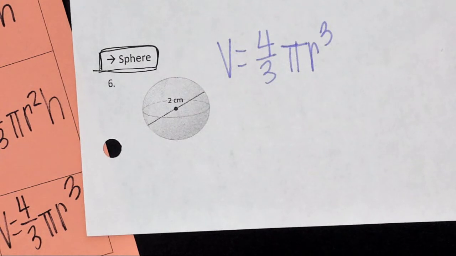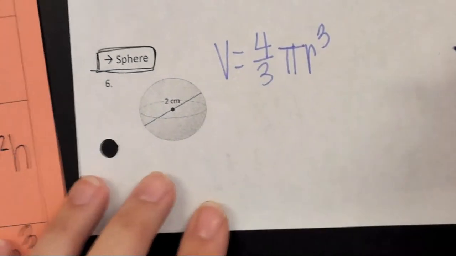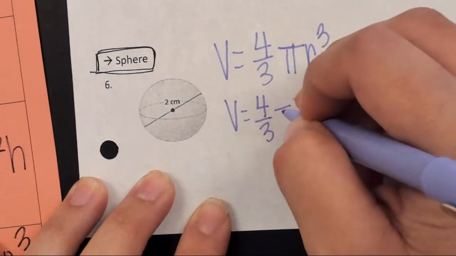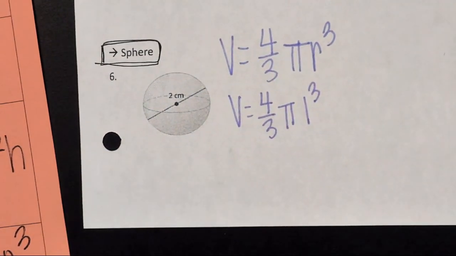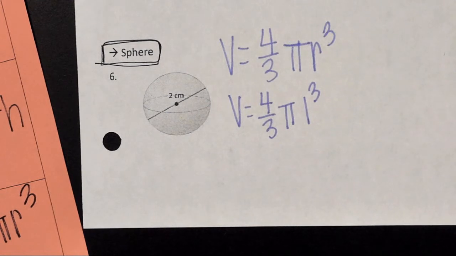Well, what do we have? We have the diameter. That's the only way they can trick you on this one. That's it. Don't let them do it. If the diameter is 2, what's the radius? Okay, so our formula is 4/3 pi 1 to the 3rd. I need everybody to practice putting this in your calculator so that you're not doing it wrong.